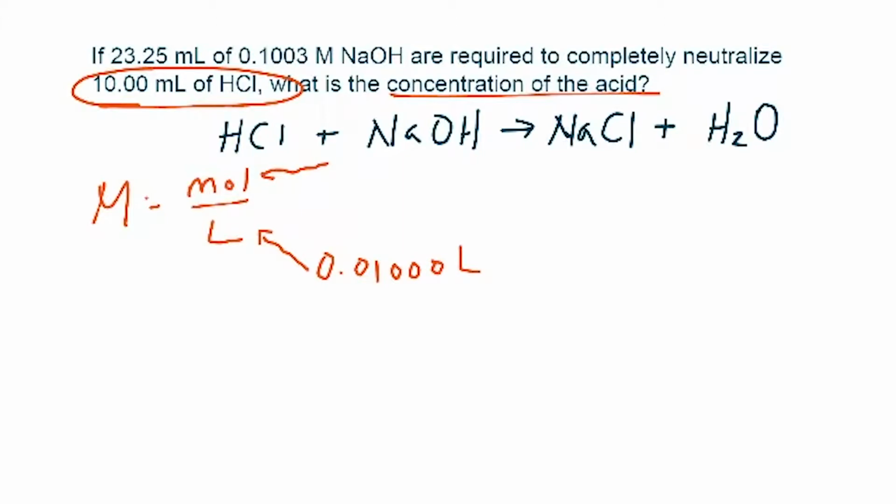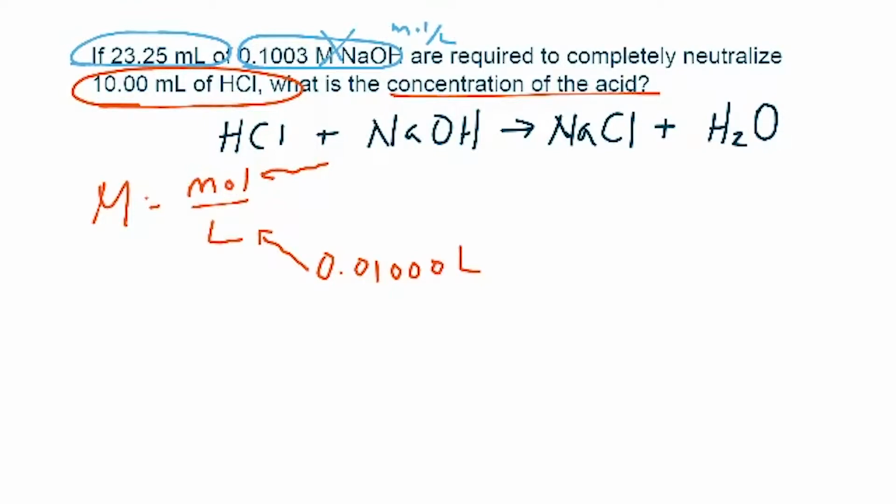Now we use the stoichiometry to determine the number of moles of HCl. So I'm looking up at the problem and I see that I was given about my sodium hydroxide both the volume and also the concentration. Remember, when I see that big M, I'm going to cross it out and write moles per liter.